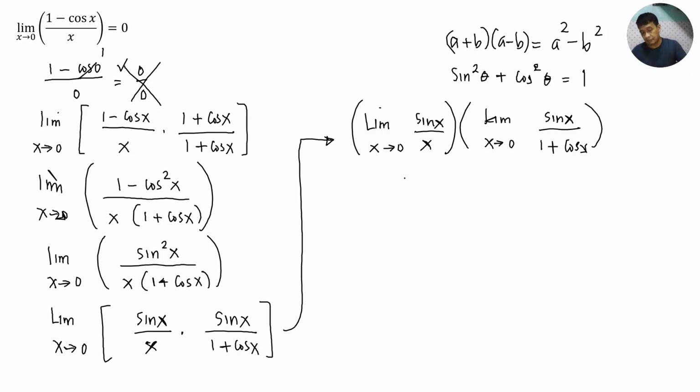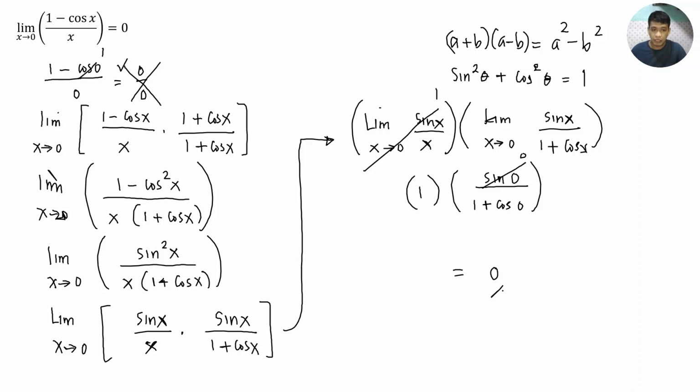So, substituting, this is 1 from what we have derived earlier. So, this is 1 times sine of 0 over 1 plus cosine of 0. But sine of 0 is 0, cosine 0 is 1, 1 plus 1 is 2, 0 divided by 2 is 0. Thus, the limit of 1 minus cosine x over x is equal to 0.